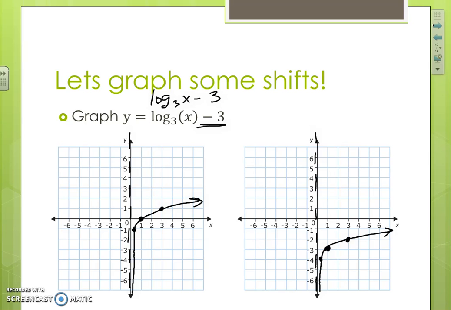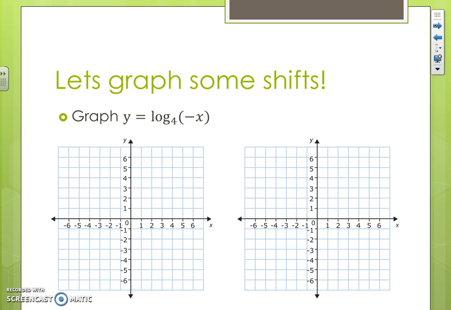Okay, so we're good on that. Next one, I've got log base 4 of negative x. Again, negative is on the inside of the parentheses. Now remember, your negatives cause reflections. So if it's on the inside, it's going to be a horizontal reflection. So parent function again real quick.